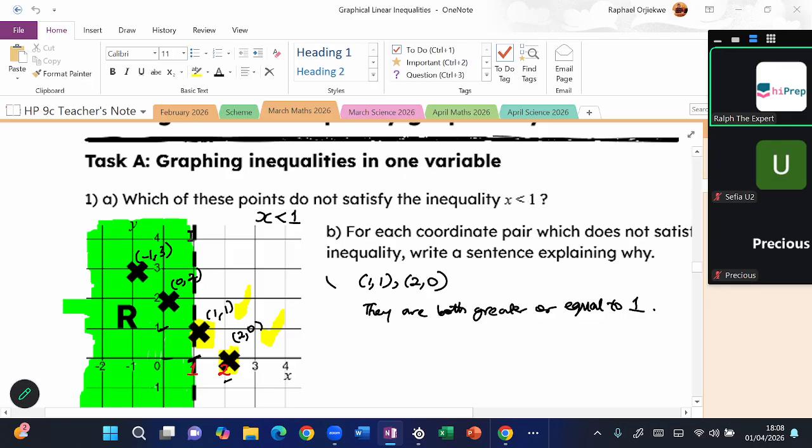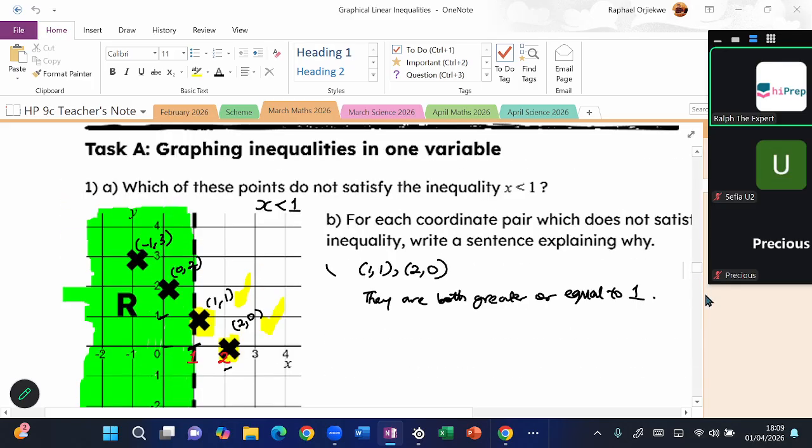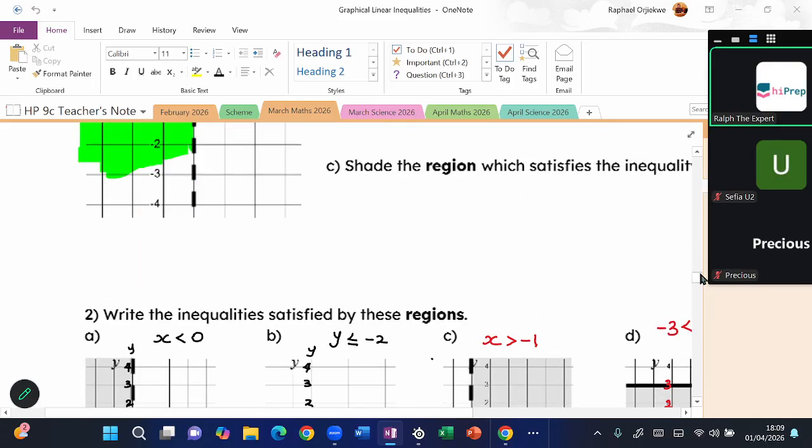So we were able to shade that region, and the ones in yellow highlight do not satisfy the inequality. Based on what we are seeing on the graph, we already know that broken lines mean less than or greater than, while thick lines mean less than or equal to or greater than or equal to. So in this case, we shaded the left region.